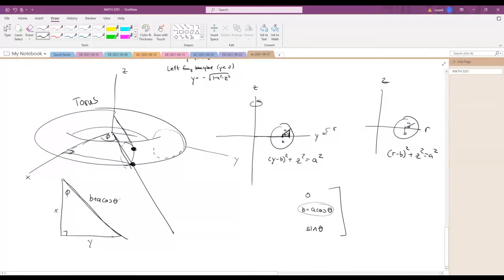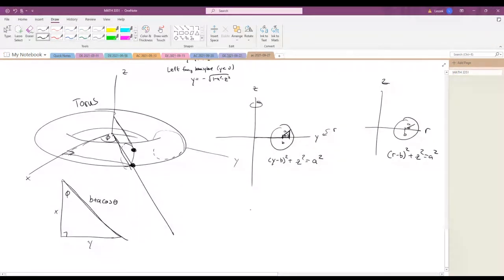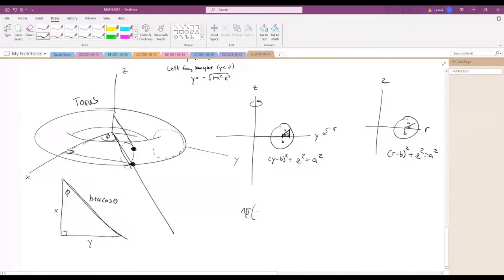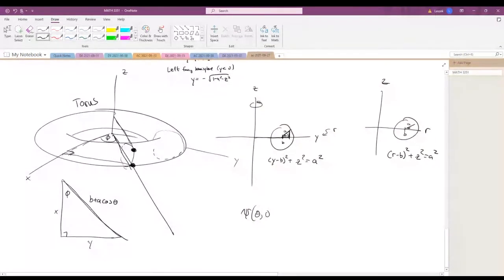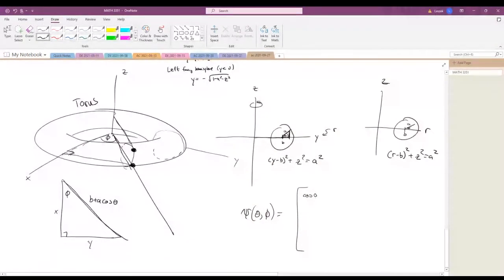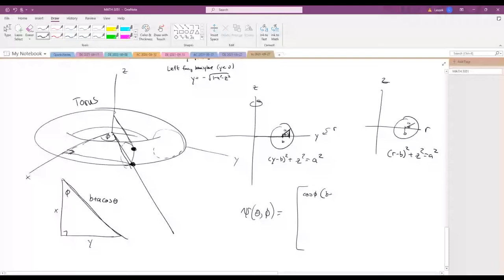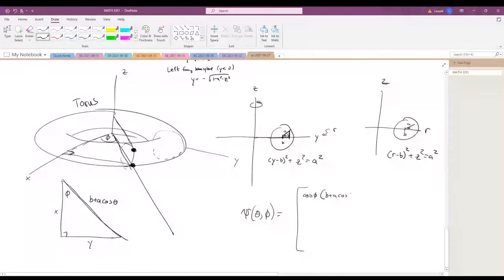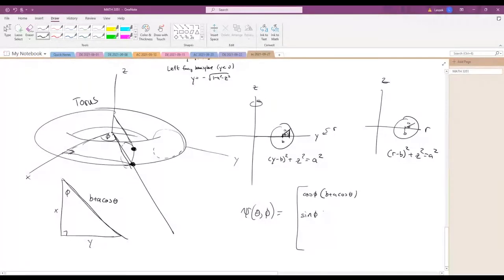Then to get the x coordinate, that would be the hypotenuse times cosine of phi. So we'll get a good parametrization. It's going to be cosine of phi, b plus a cosine theta. And this is just a standard parametrization; if you go to Wikipedia, you'll probably find this.